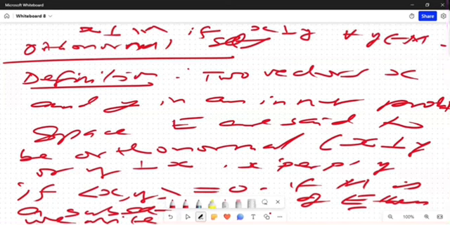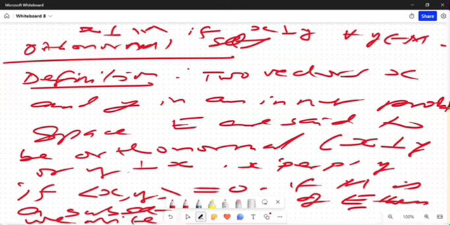I need us to go through the definition once again so that we can make more meaning of this. Two vectors x and y in an inner product space E are said to be autonomous, in other words, x pap y or y pap x, if the inner product of x comma y is 0.